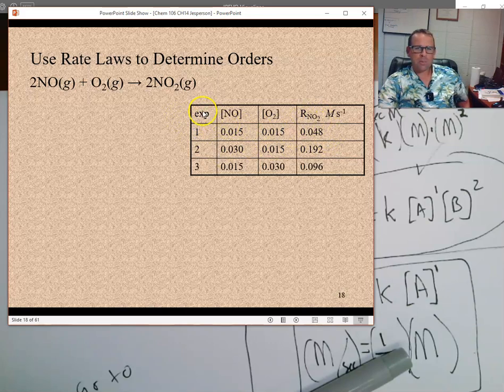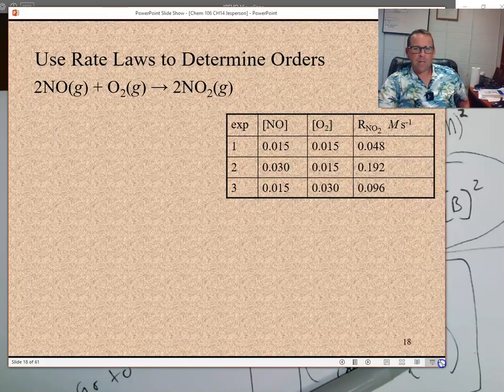Here's experiment 1, experiment 2, and experiment 3. In these 3 experiments, I have concentrations of my different reactants. So here's NO. Here's my other reactant, O2. I react them together, and then I look at the rate at which the product appears. All right? So there's one experiment.